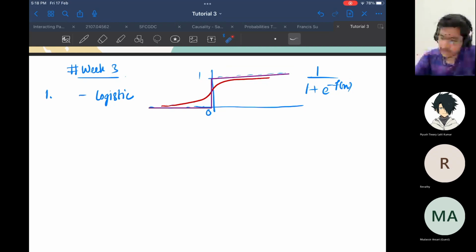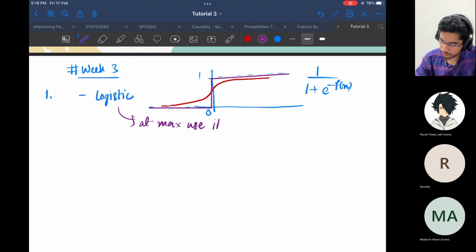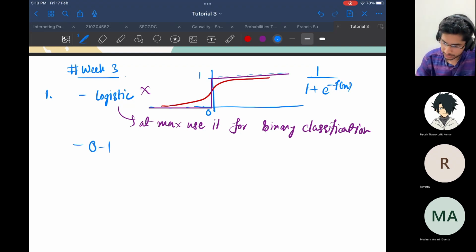In a multi-classification problem, you might have n classes, but the logistic function doesn't provide n levels, only two. So at max I can use it for binary classification, and not for multi-class classification. So this is not a correct option. Okay, there is another option which is the 0 1 function.